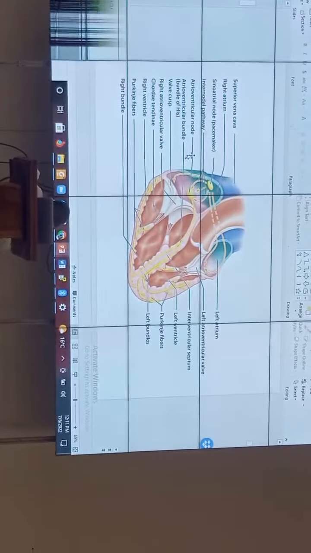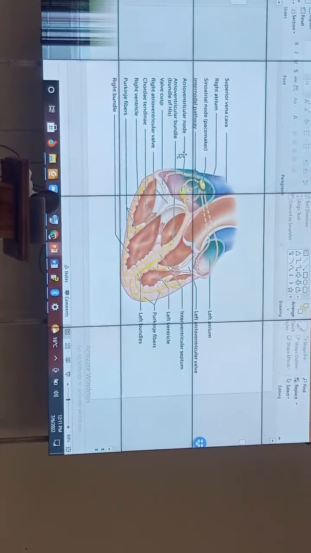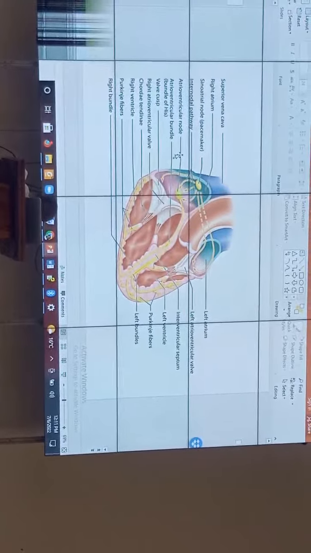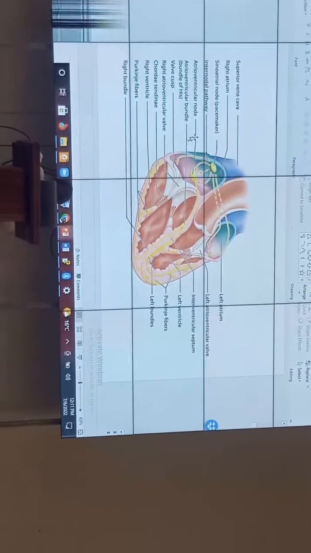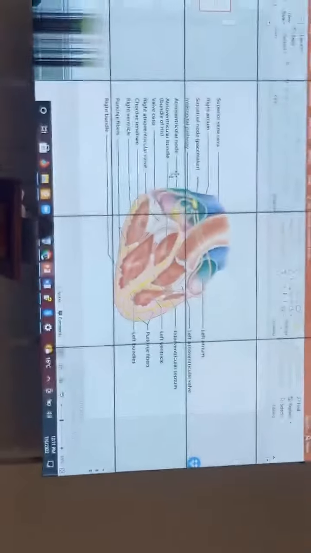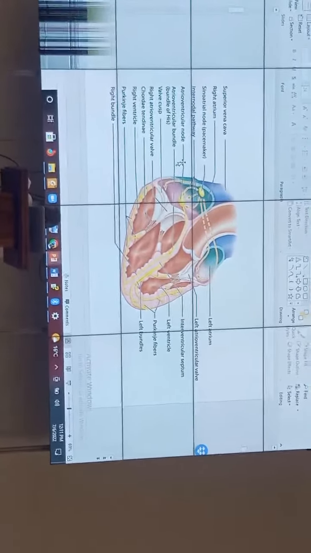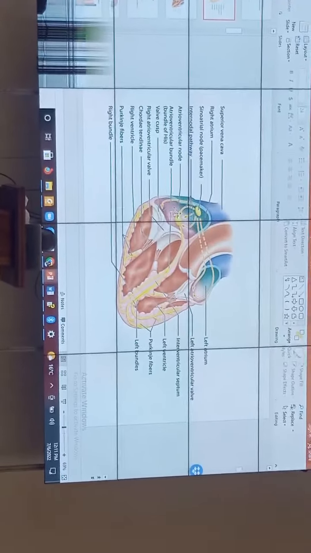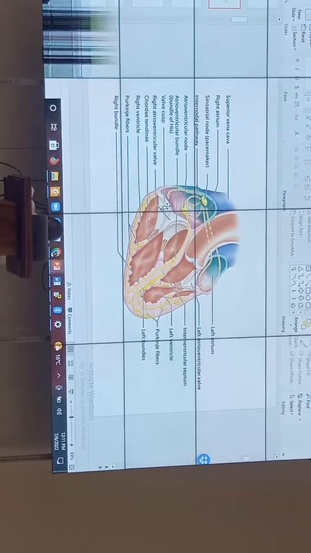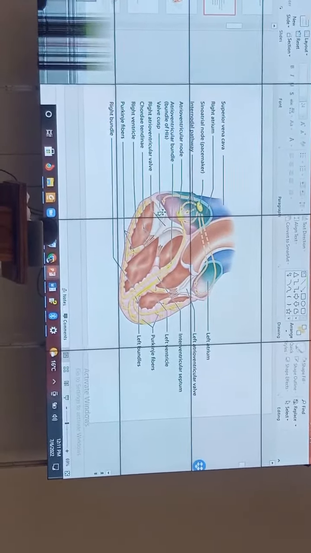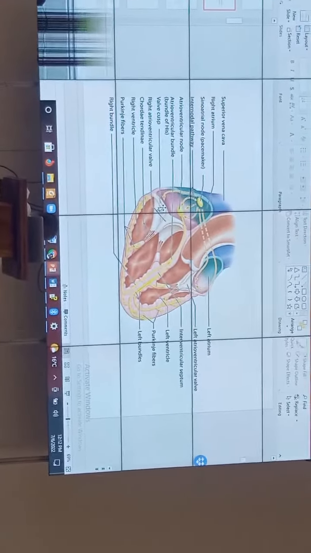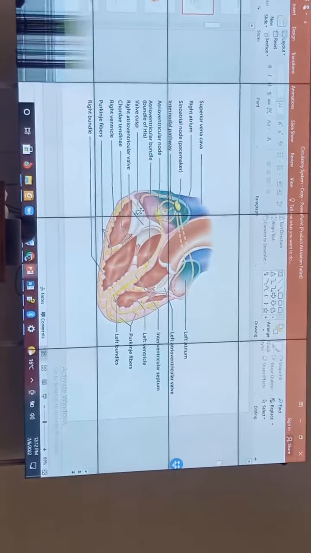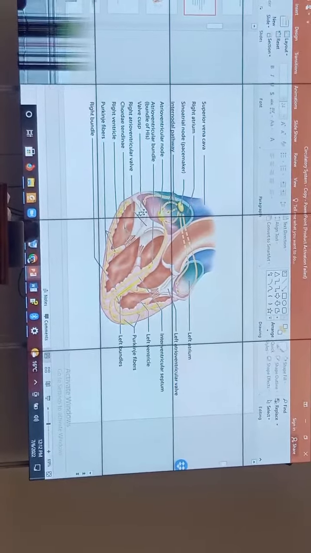Okay, guys. So, anyone, quickly. It's an innervation of a nerve. Okay. So, the heart has an intrinsic mechanism of being able to generate impulses. Okay?